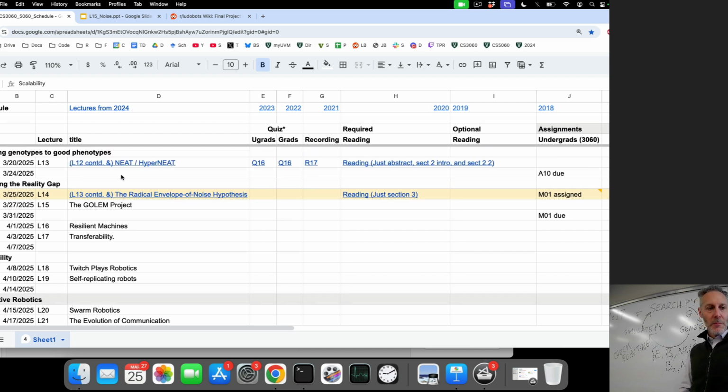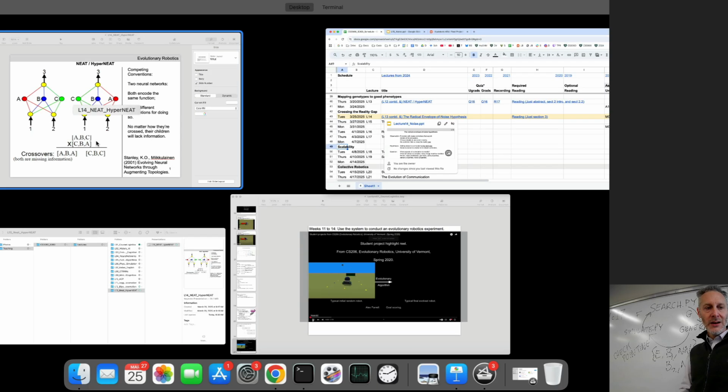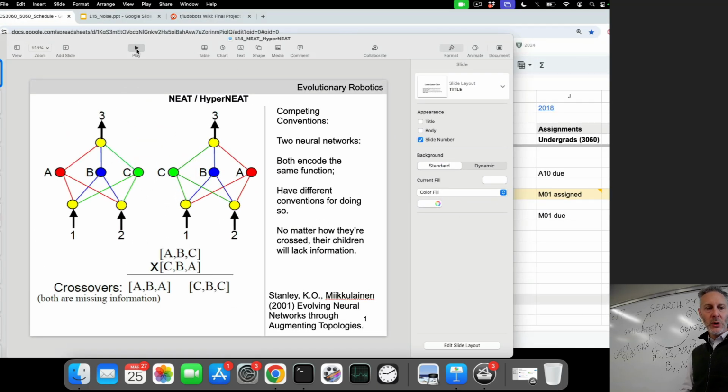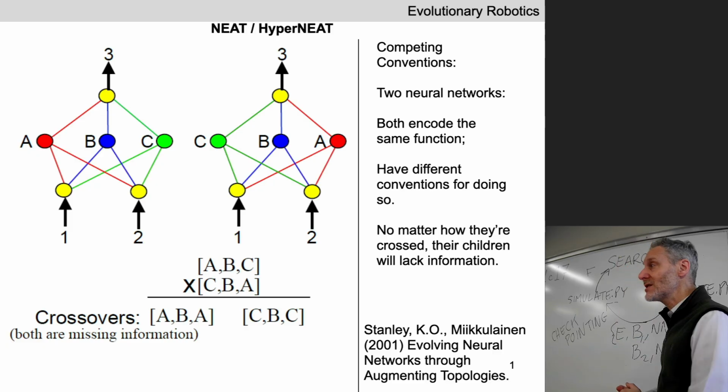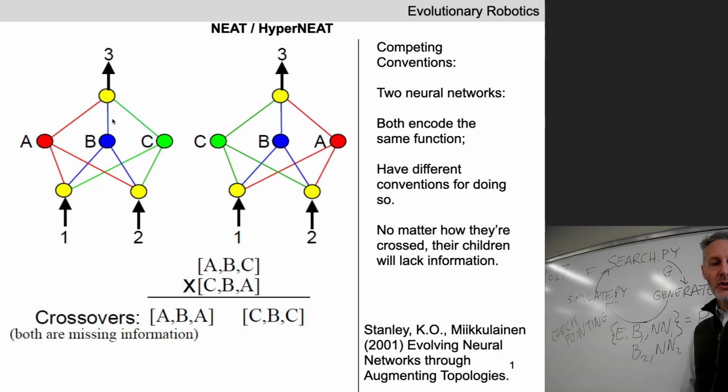Okay, so back to lecture 13, NEAT and HyperNEAT. Just as a very quick reminder, we're dealing with the genotype to phenotype mapping problem. And I showed you another problem last time, the competing conventions problem, that demonstrates why arbitrarily choosing a genotype to phenotype map can often be a bad idea.